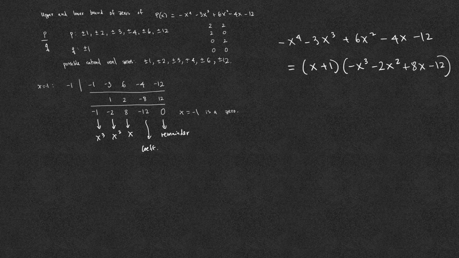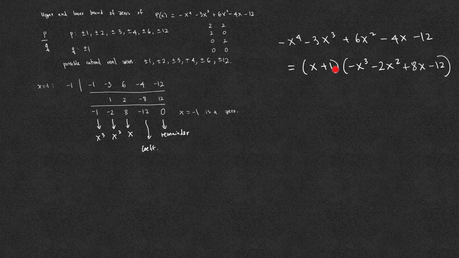Again, the factor is x plus 1, not x minus 1. If we read off the zeros from here, we see that x equals negative 1 is a zero. This time, at least we reduce the degree of the polynomial into two factors.